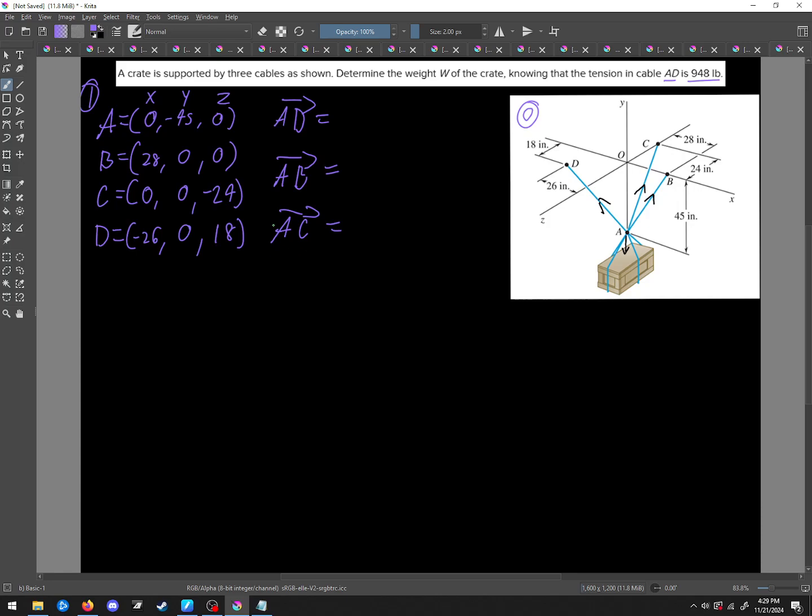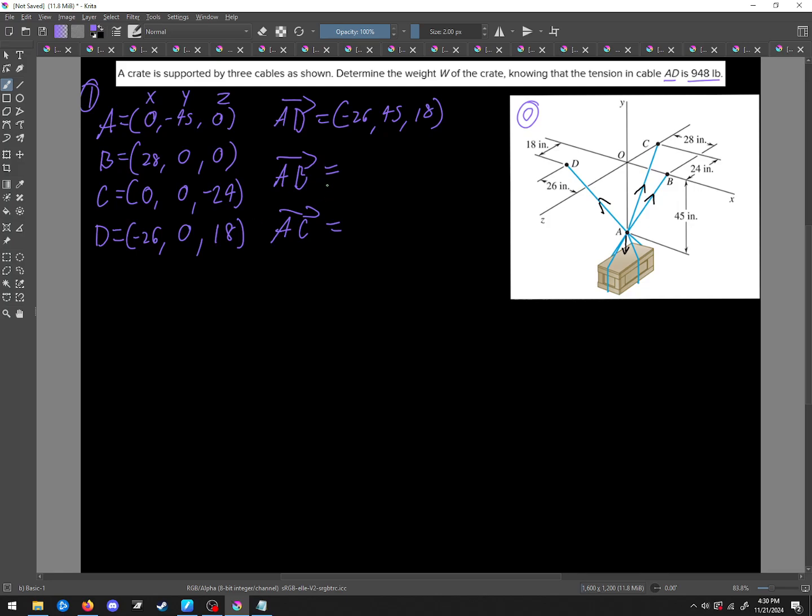So if I were doing AD, what this really would be is negative 26 subtract 0. And this would be 0 subtract 45, which means that this would actually be a positive 45. And this would be 18 minus 0, so this would be 18.